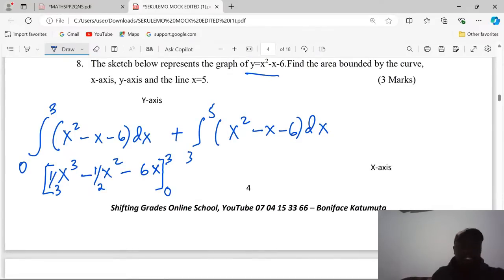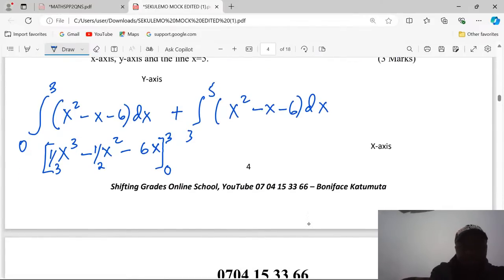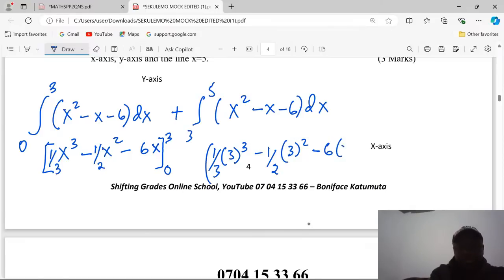We underline it. So we substitute 3, so that we have a third 3 power 3 minus half, then we have 3 squared. We subtract 6, 3. We subtract when 0 has been substituted.